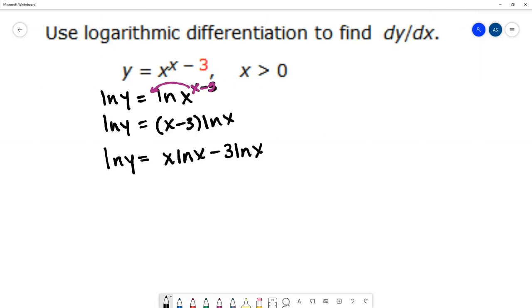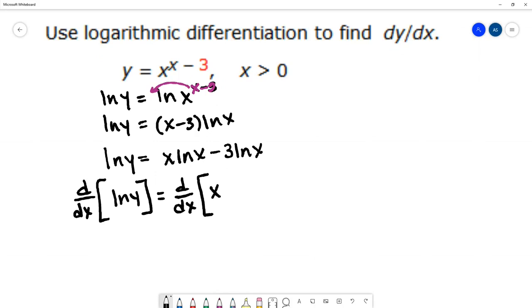So now that we've simplified the expression, we're going to calculate the derivative. We'll calculate the derivative with respect to x on the left. This is the process of implicit differentiation. We're going to calculate the derivative with respect to x on the right as well. We're using implicit differentiation because our equation is now in an implicit format.